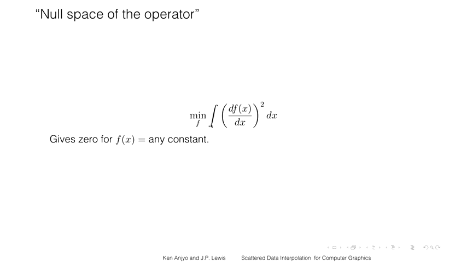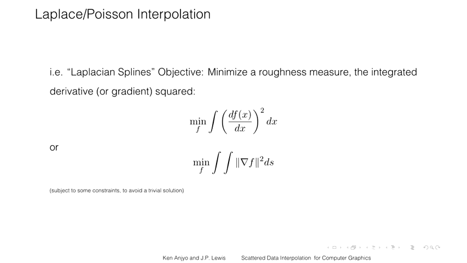So this comes up in solving these things. This null space is something that, if you say you're going to minimize the roughness, that's not enough to pin down what the function is, so you also have to add something in the null space to pin things down.